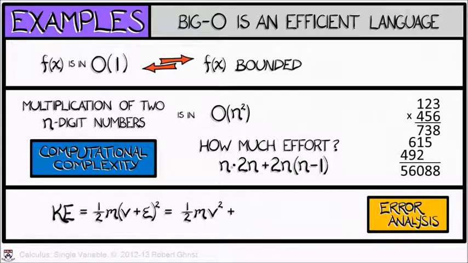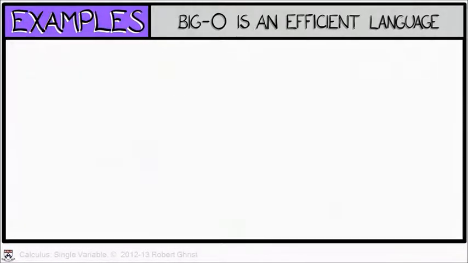Well, of course, if we expand that out, we get 1/2 m v squared plus m times v times epsilon plus something that is in big O of epsilon squared. What we really care about is the leading order term in epsilon. That is going to dictate what the error in the kinetic energy is. And we can see that that is really the momentum, m times v in this case.